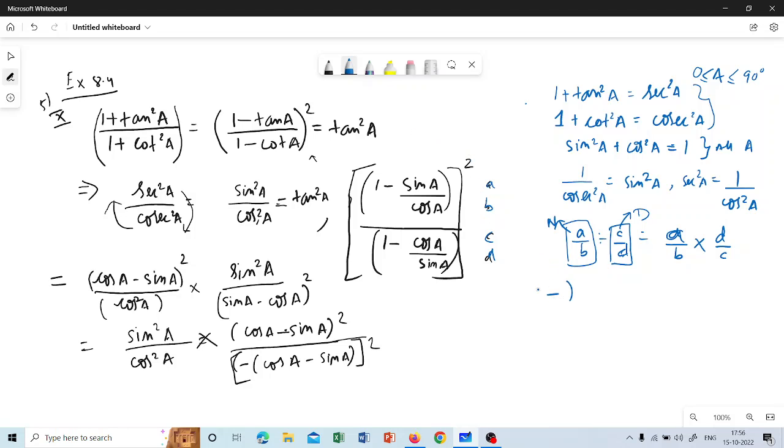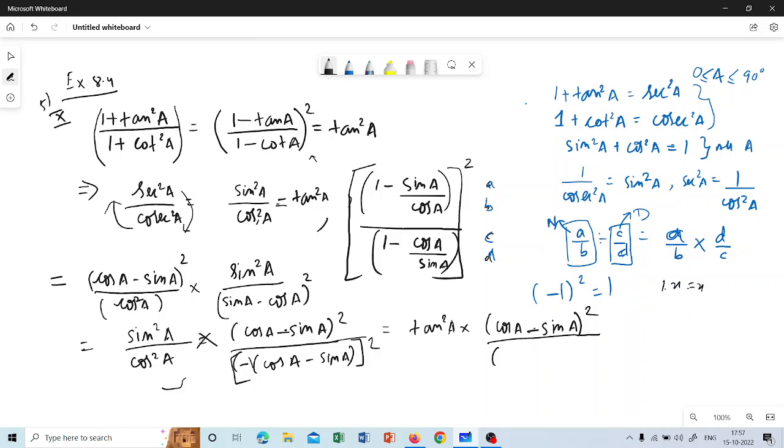So minus 1 square is equal to 1 itself. I can simply write this part as tan square A into (cos A minus sine A) whole square, divided by, taking the minus 1 outside, minus 1 square is 1, so I can write directly 1 into something, and 1 into x is x.